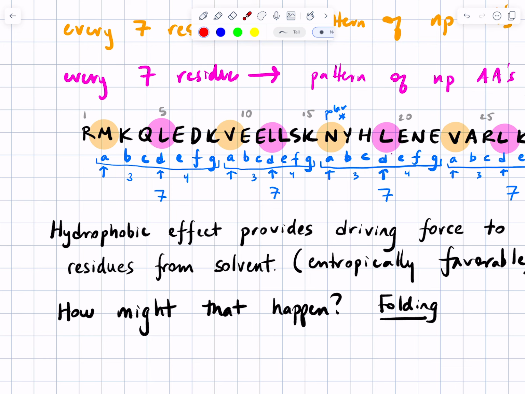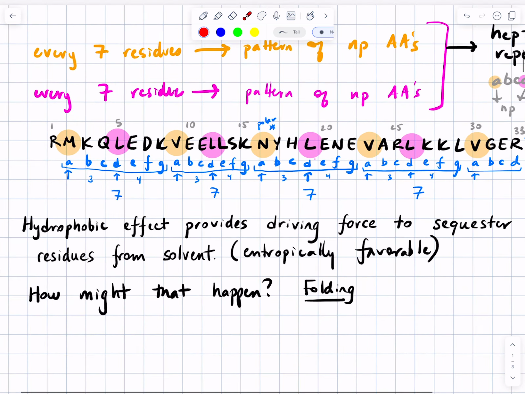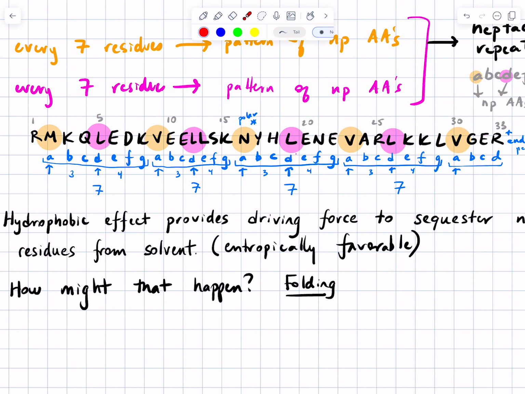So that means if this sequence, which has this spacing of nonpolar amino acids, folds into an alpha helix, one side will have a stripe or a zigzag of nonpolar amino acids.